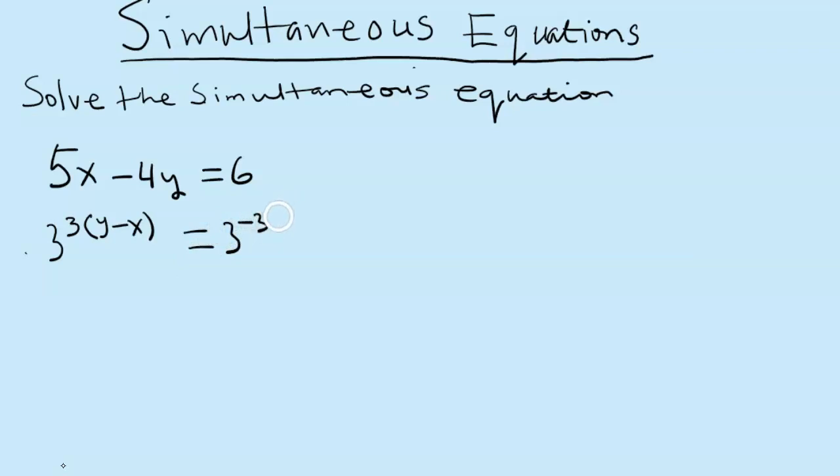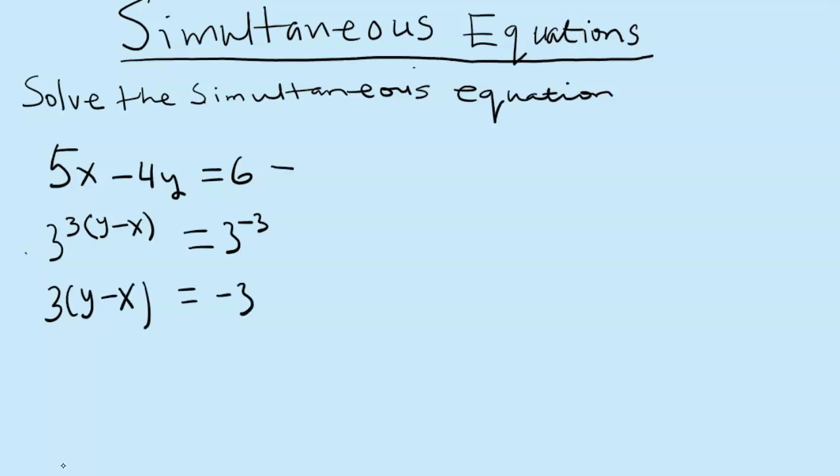So the first thing we have to do, since we are using the laws of exponents and they all have a base of 3, is equate the powers. So we can get our equation as 3 times the bracket (y minus x) equals -3.